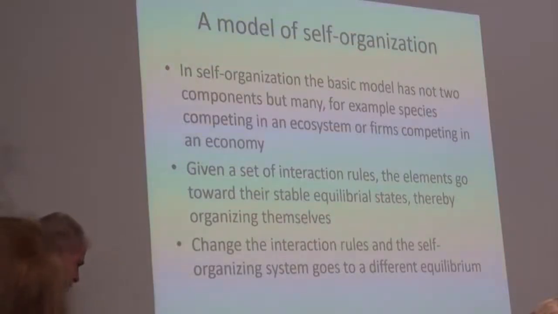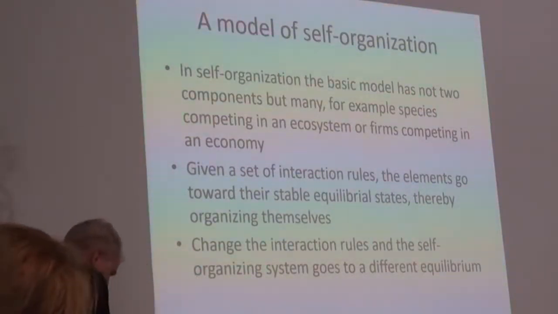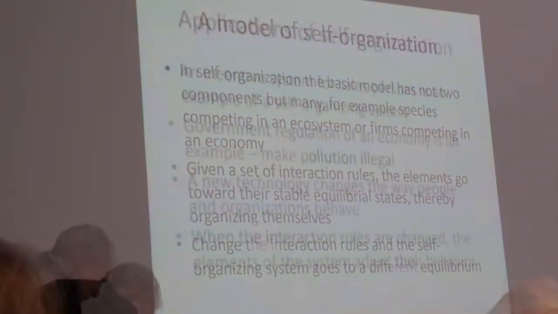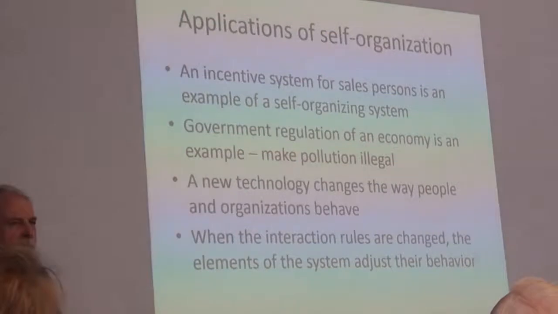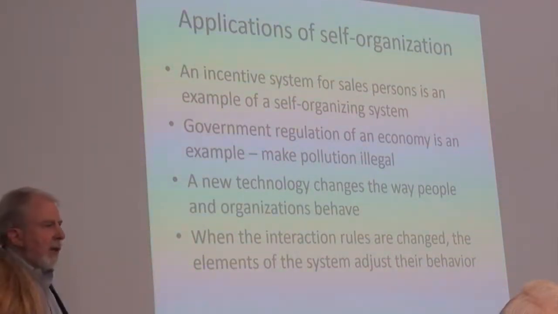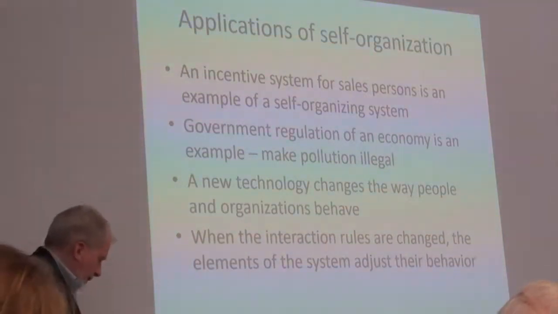So like I said, self-organization consists of many elements that go toward their stable equilibrial states. This is also a strategy in management. For example, an incentive system for salespeople. You say, sell this object rather than that object, and we'll give you a larger bonus. Okay, that's changing the rules of the game. If you can change the rules of the game, people will go in a particular direction.